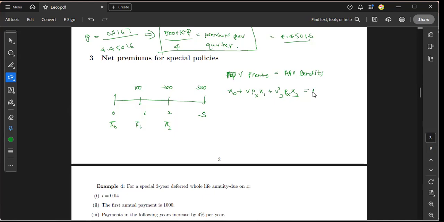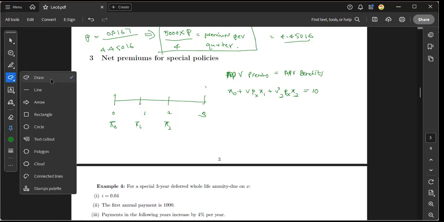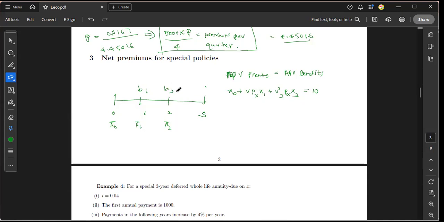And for the benefits, instead of 100, 200 and 300, I'll have B1, B2, so then it's more general, B1, B2, and B3. So then we'll have the present values of the benefits, like if the death occurs within the first year, we will get it back, which is equal to B1.